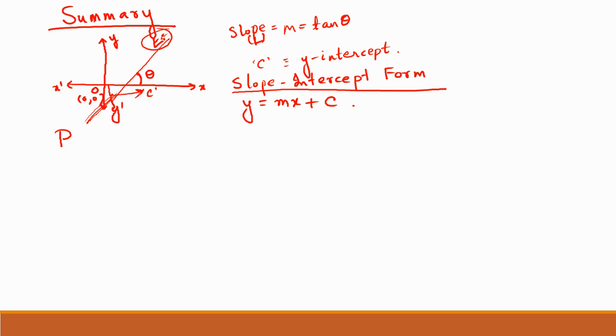Now let's say this straight line, you know one of the points on it, x1 comma y1, and you know the slope of this straight line. So you can use this point slope form to find the equation of this straight line.